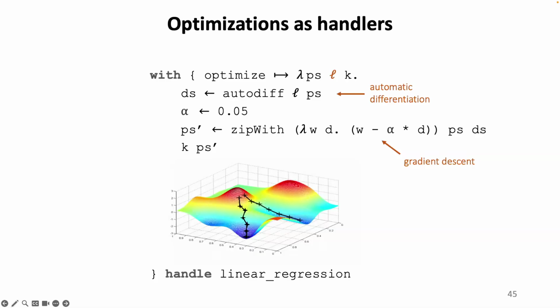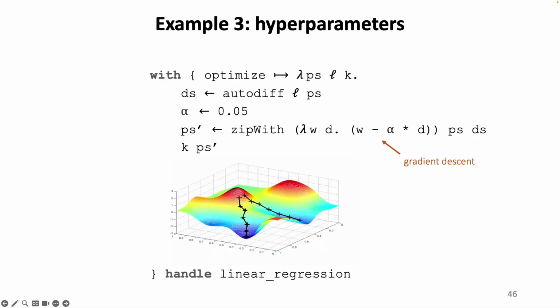But in this case, there is something that is not very satisfying, which is this magic number for the learning rate, 0.05. So let's consider another example where we do hyperparameters. Parameters like the learning rate are considered hyperparameters because they control how the training algorithm is performed.